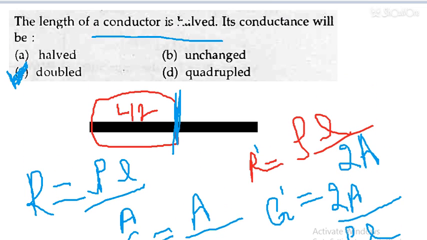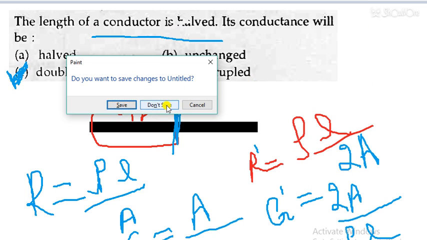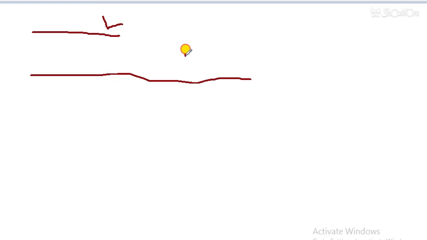Okay, now I am going to quickly solve some questions. I will not write the statement, I will just tell you the statement. You have to listen to me carefully so that you can understand. Suppose I have a wire of length L and I stretched it to length 4L. Students, I have to find the new resistance and percentage change in resistance.